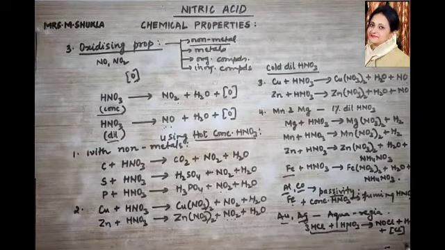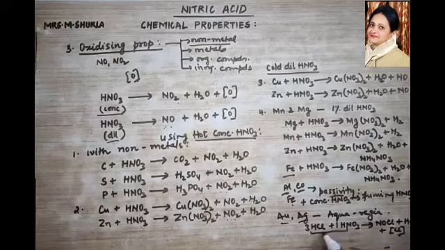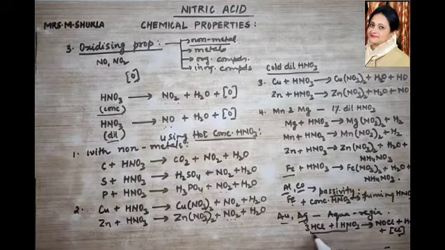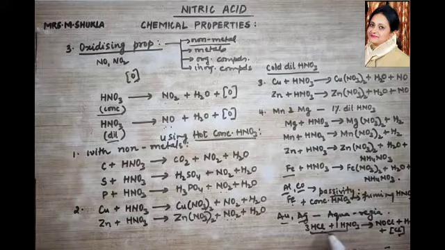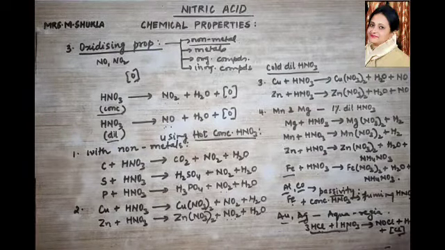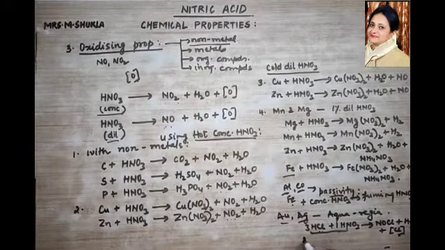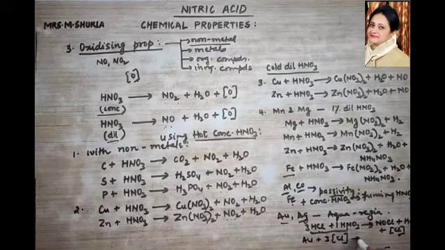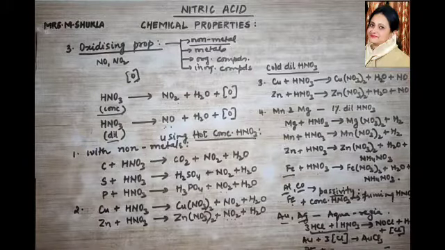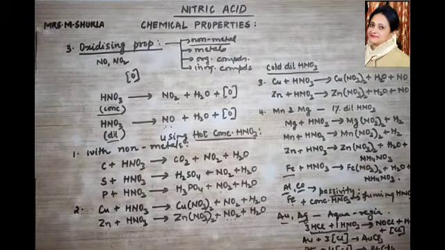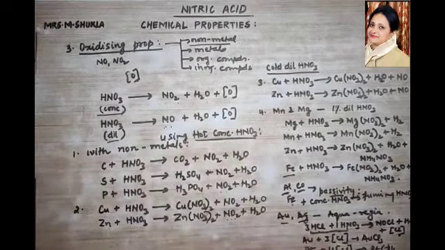Then these metals react with this nascent chlorine, formed by the mixture of 3 parts of concentrated HCl and 1 part of concentrated HNO3, and hence gold will combine with 3 parts of chlorine to form AuCl3, and even platinum with 4 nascent chlorine will form PtCl4. Right? Is this clear to all of you?